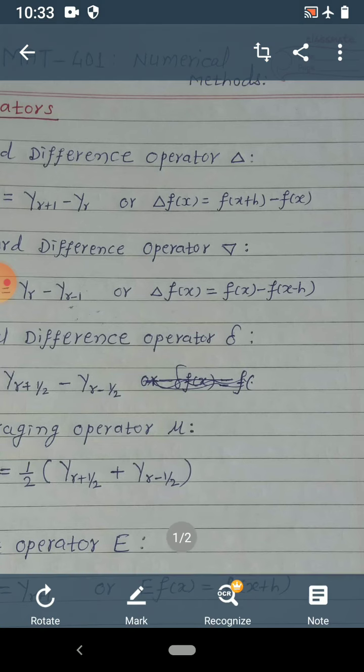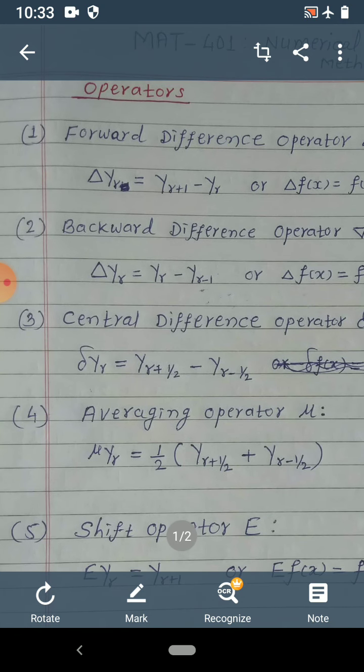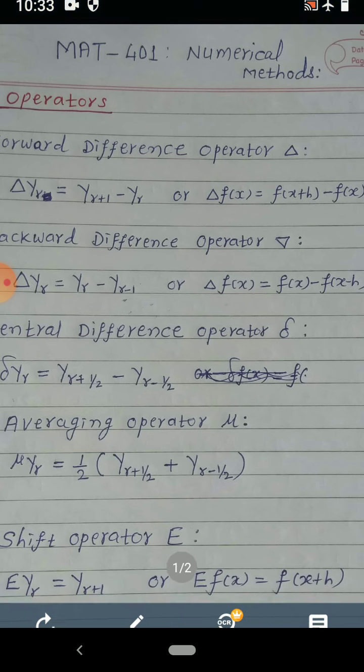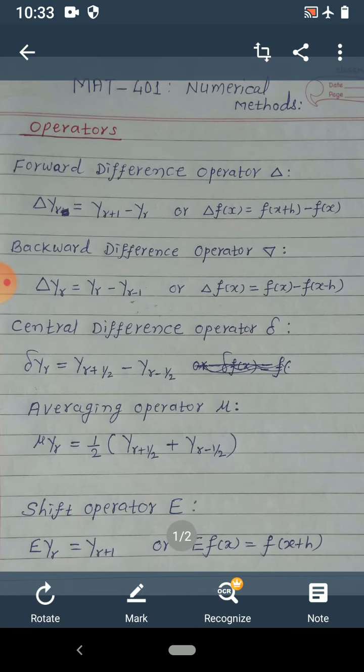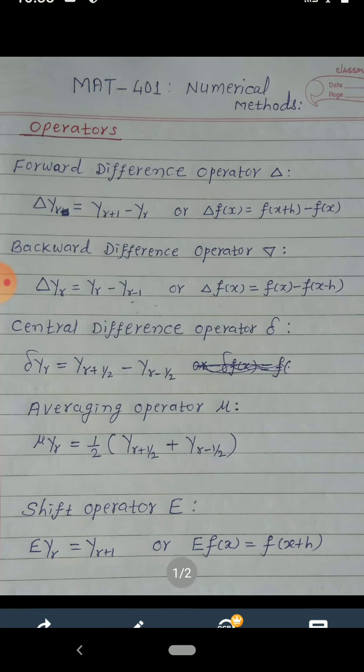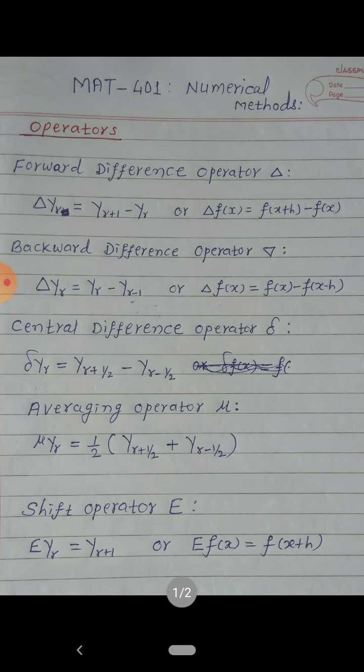In this expression, h is taken as the interval of difference. Second operator is backward difference operator del, which is defined as del yr is equal to yr minus yr minus 1, or del f of x is equal to f of x minus f of x minus h.